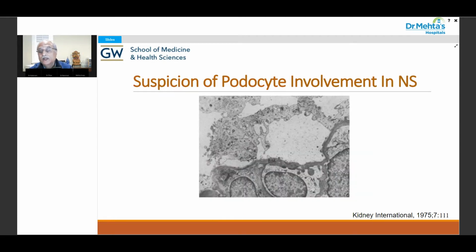One of the early suggestions of podocyte involvement in nephrotic syndrome came in an article that was published way back in 1975 from a New York group. And they showed this particular diagram. It really reflects everything that's wrong with podocytes. They didn't know much what to call it. They just said that these are the findings, we don't know what it is.